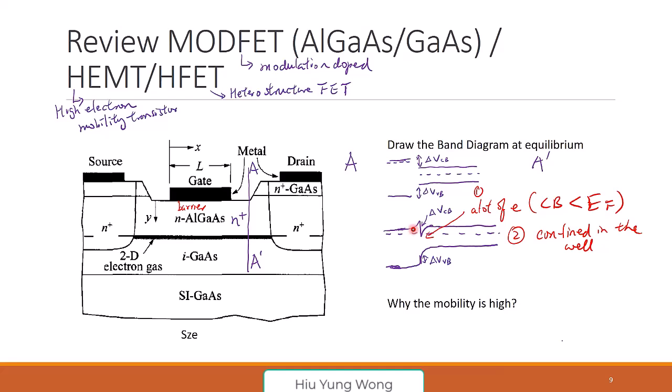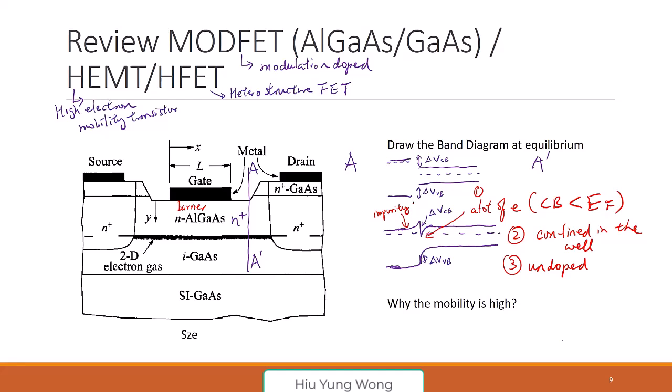Correct? But where do these electrons come from? Remember in all your study, you need to add the doping. Here it is undoped. All the impurities are in the barrier. The electrons cannot feel them. They are far away.